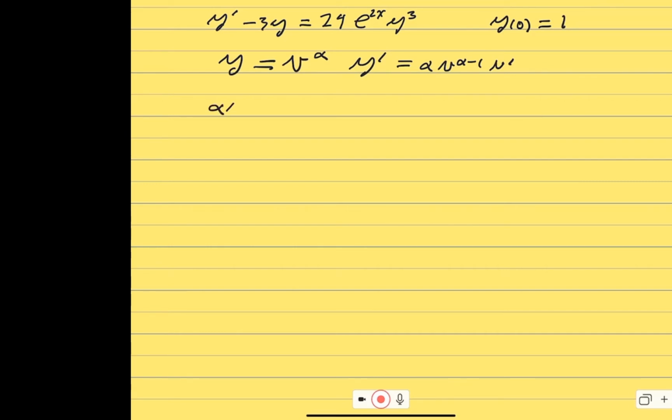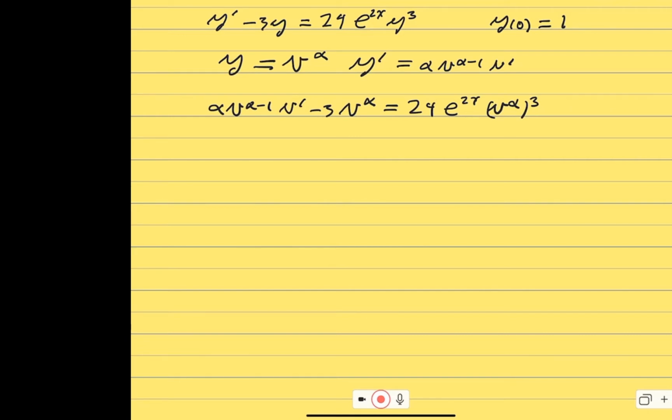we get alpha v to the alpha minus 1 v prime minus 3 v to the alpha is 24 e to the 2x y, which is really v to the alpha cubed. Right, so we're now going to make it look like a first order linear.